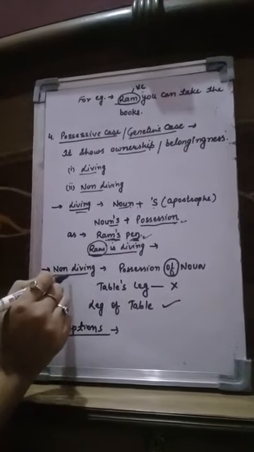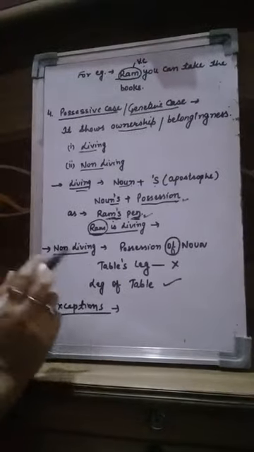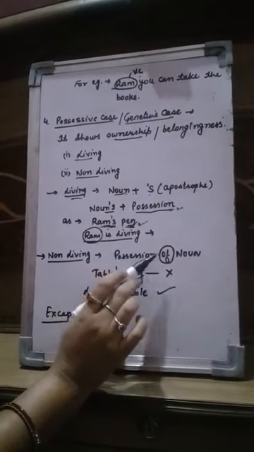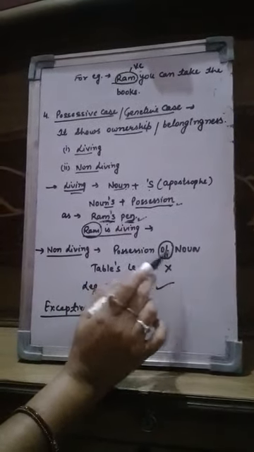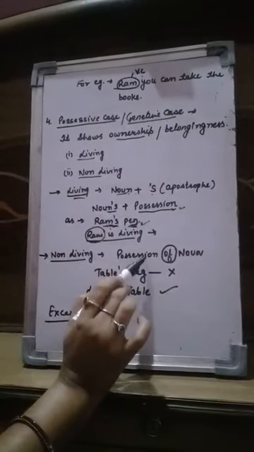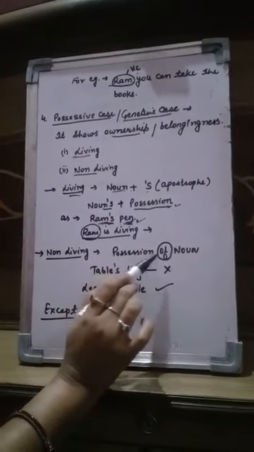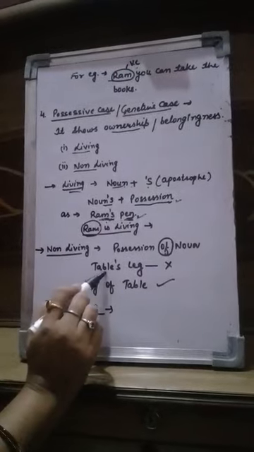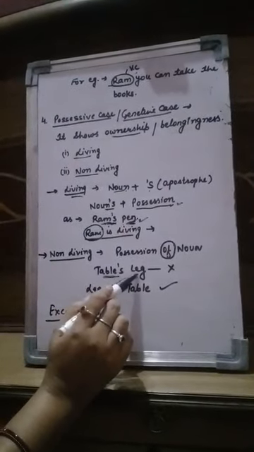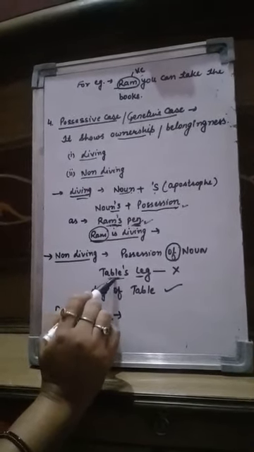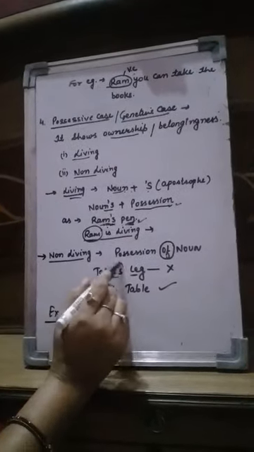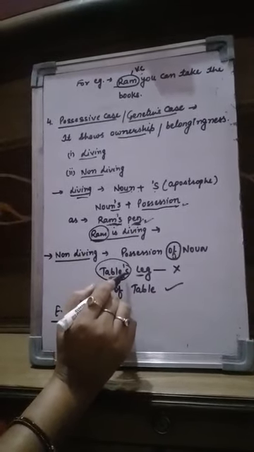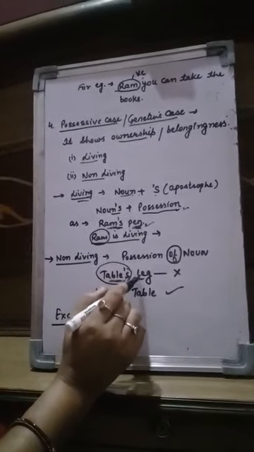Next is when it is used with non-living things. We use possession of noun. In living things we use noun plus possession, and in non-living things we use possession of noun. As with table's leg: table is a noun but a non-living thing, so we can't use noun plus apostrophe s here.